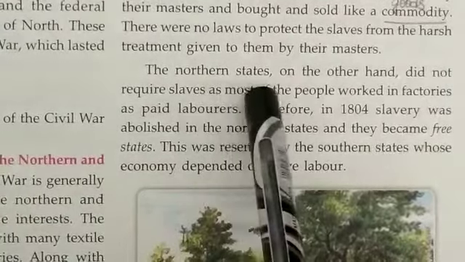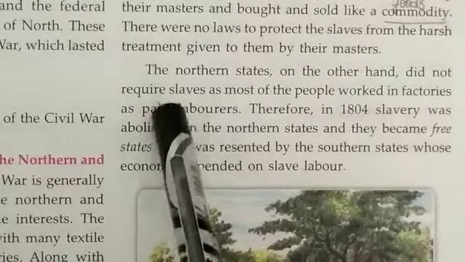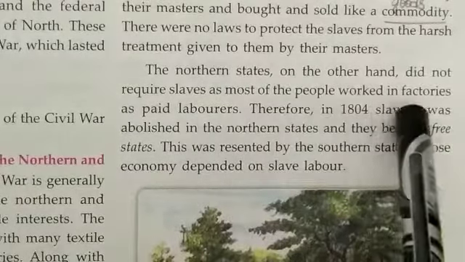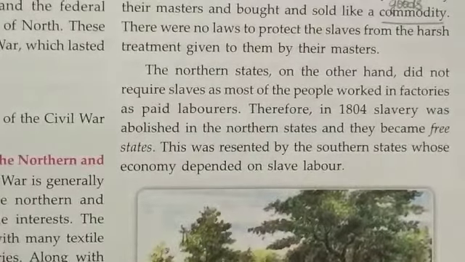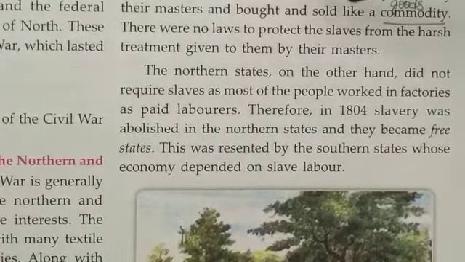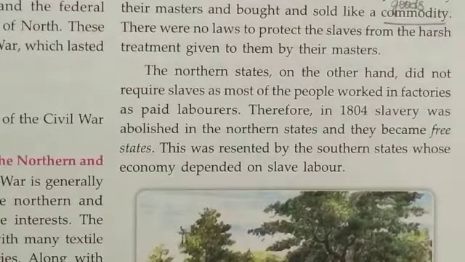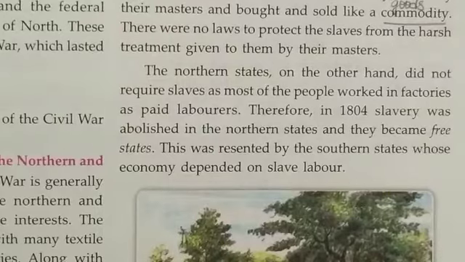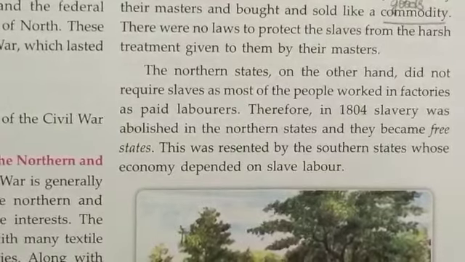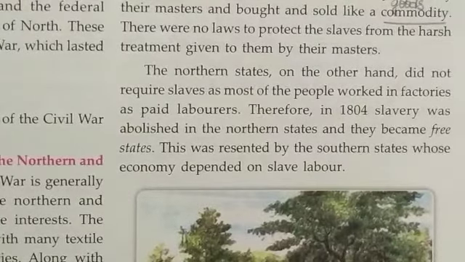The northern states, on the other hand, did not require slaves, as most of the people worked in factories as paid laborers. This condition of slaves working in plantations is about the southern states, because they were concentrated in agriculture, whereas the northern states were more into industries.